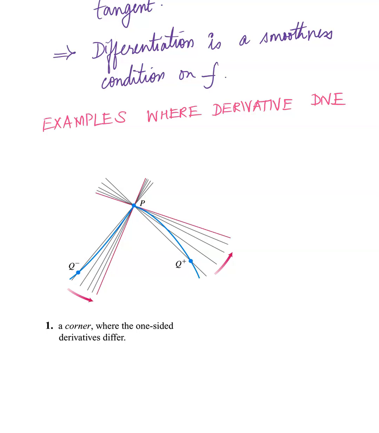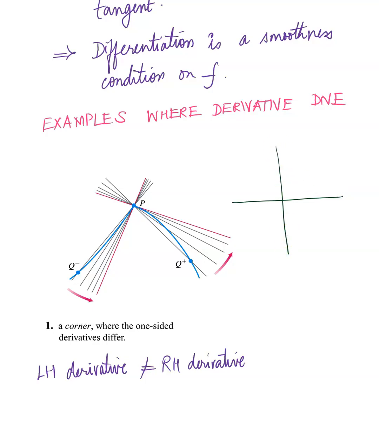So we have a corner. If we have a corner, then the one-sided derivatives will differ. What they're saying is that the left-hand derivative will not be equal to the right-hand derivative. Another familiar instance is the absolute value function.